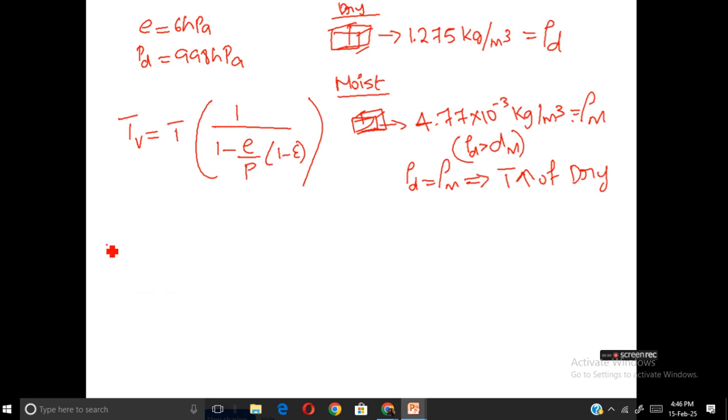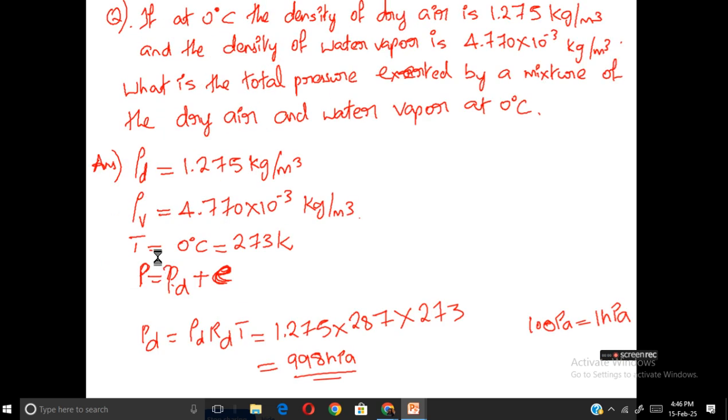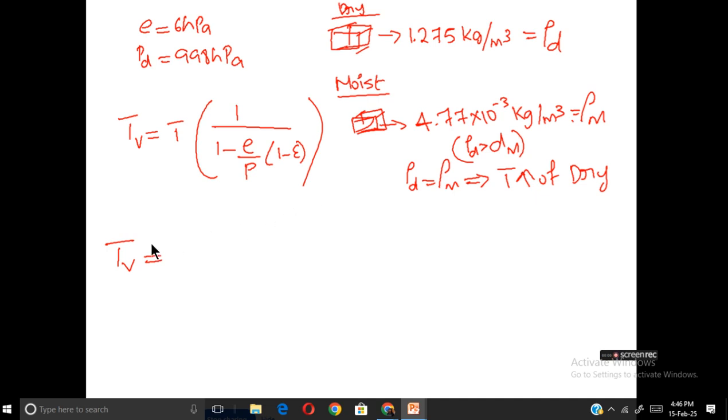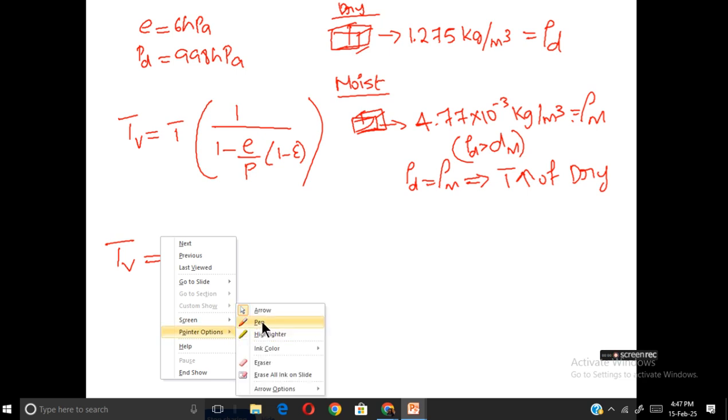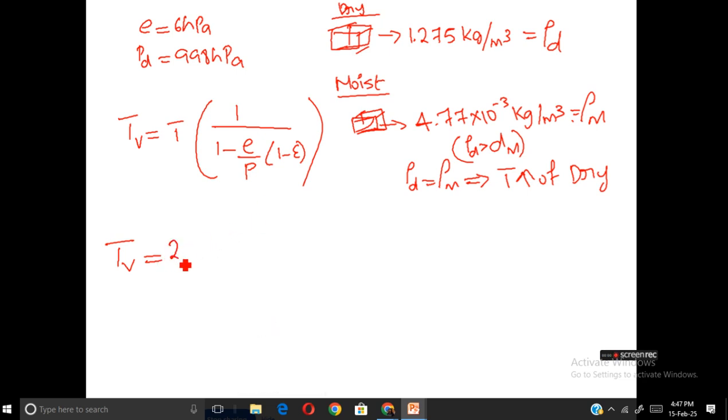We know the value of T. It is 0 degrees Celsius, just 273 Kelvin. So 273 into 1 by 1 minus E, which is 6 hectopascal, by 998 hectopascal into 1 minus epsilon. Epsilon is Rd by Rm, not Rm by Rd.